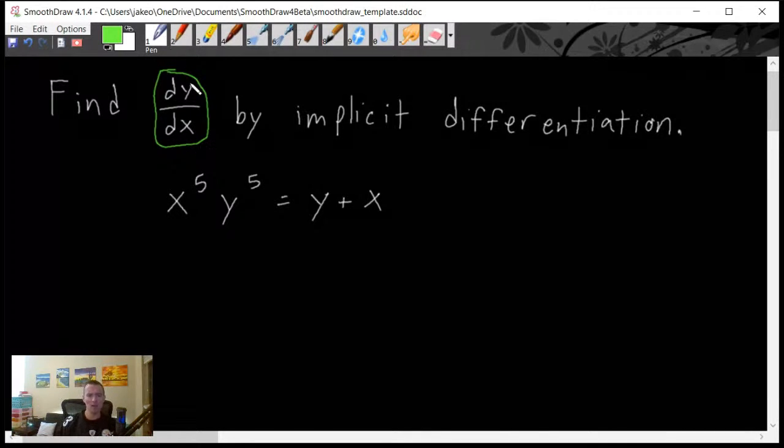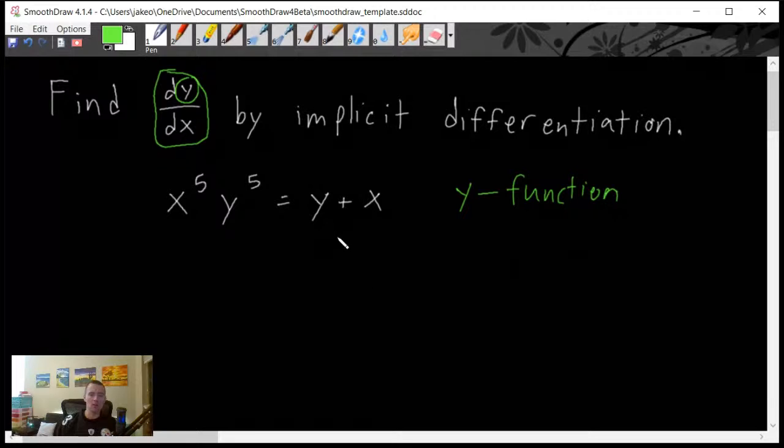So right off the bat, just by looking at d anything over d anything, whatever you have on the top, in this case y, tells you we want to treat y as a function.